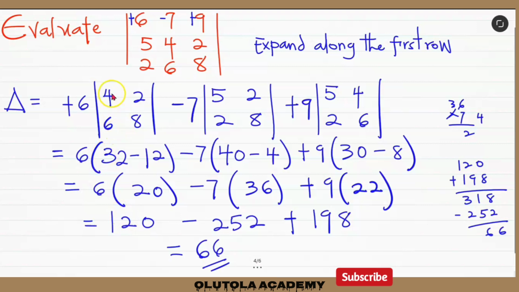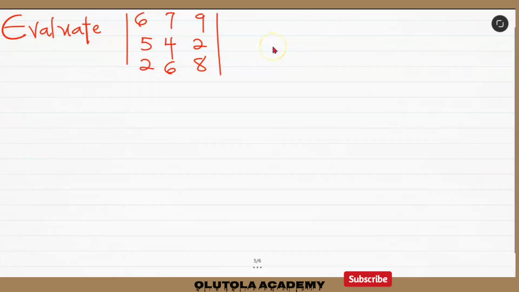And for this particular question, I expanded along the first row. So very quickly, I'm going to expand along the second row, and that will show us if we are going to have the same answer or not. So to expand along the second row, I'll put my sign. You know, this was positive, negative, positive, negative, positive, negative.